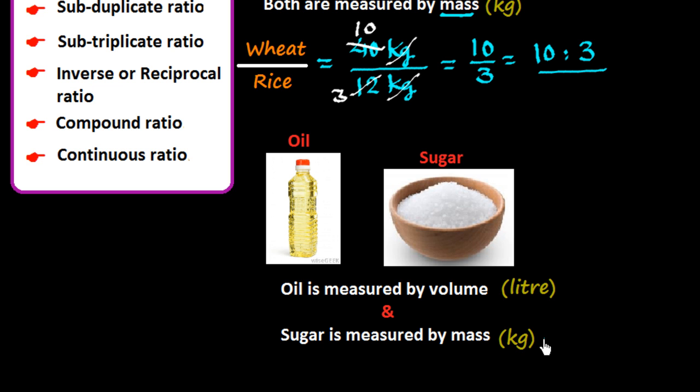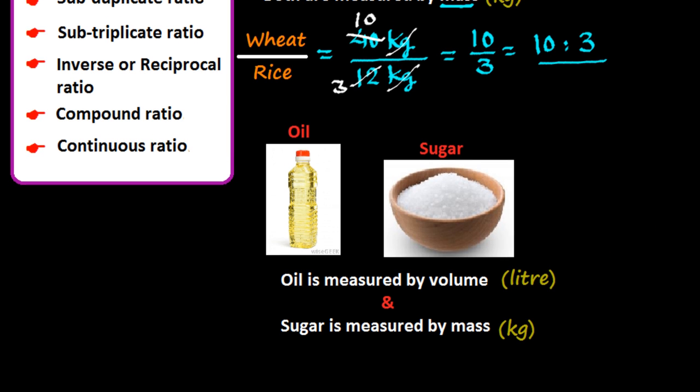Their units are different, so we cannot find the ratio of the consumption of oil and sugar in a family. We could find the percentage, but we cannot find the ratio because the physical quantities differ. They are not of the same kind. One is liquid and the other is solid, so the measurement of both quantities differs.